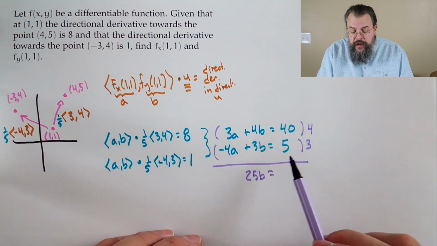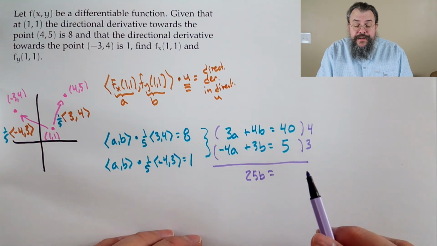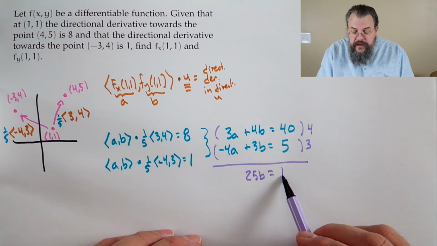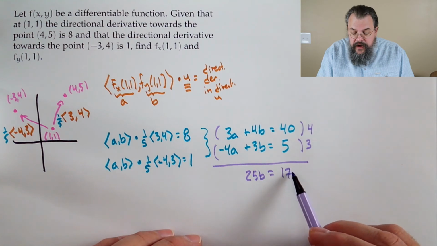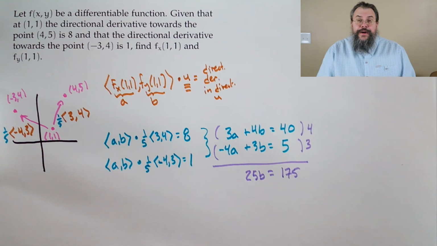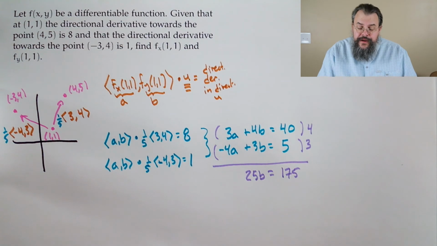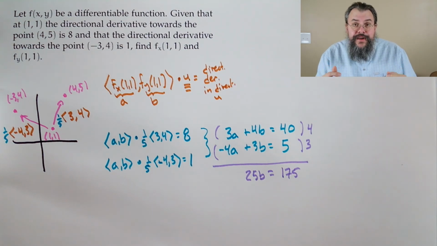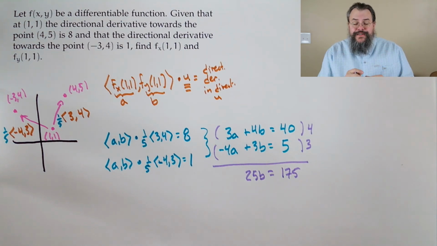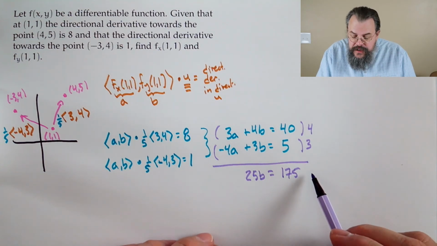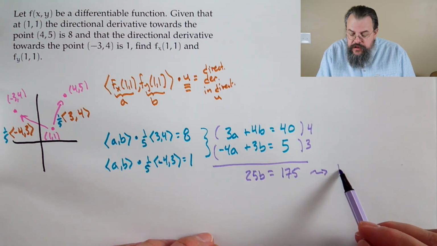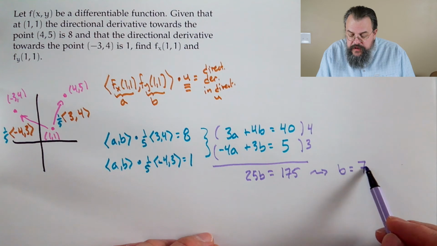So 25 times B equals 160 plus 15. Well, if you add 160 plus 15, you get 175. That's actually kind of nice. Does 25 divide into 175? It actually does. So if you do the division, we come to the conclusion B equals 7.